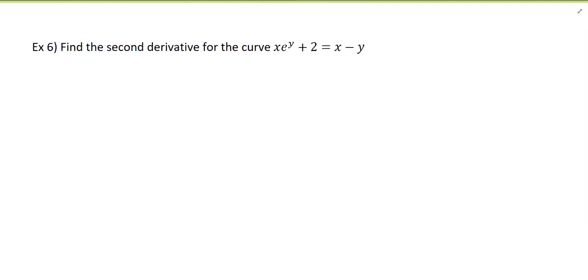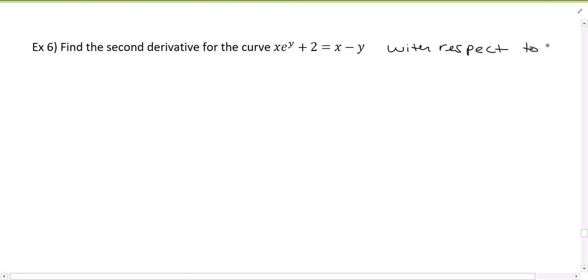So when you see something like this, it should be specified maybe with respect to x. So add that in there in your notes. Another way that you might see this is find, using the notation, d2y. So this means the second derivative of y with respect to x.